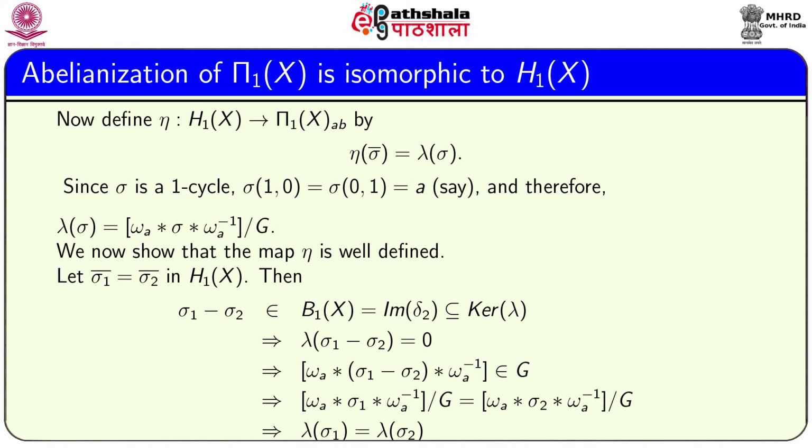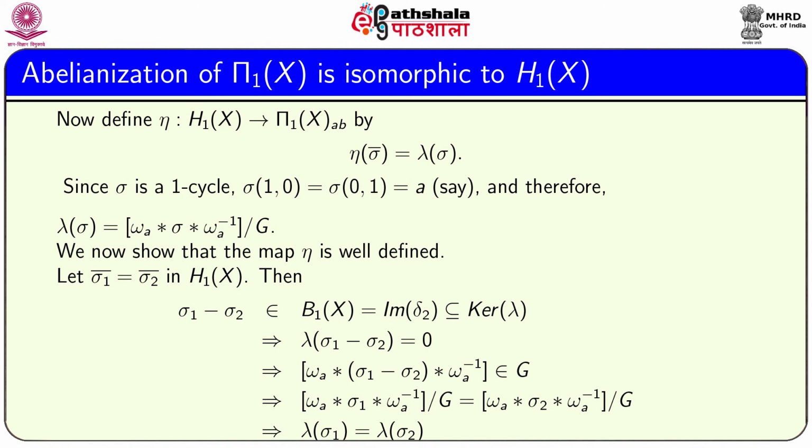Let σ1 bar equal σ2 bar in H1(X). Then σ1 minus σ2 is a member of the image of ∂2, which we have already proved is a subset of the kernel of λ, and therefore λ on σ1 minus σ2 will be the trivial element.